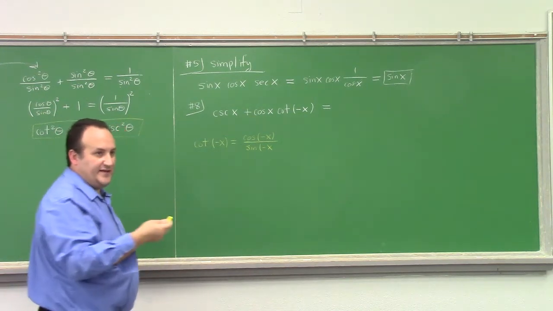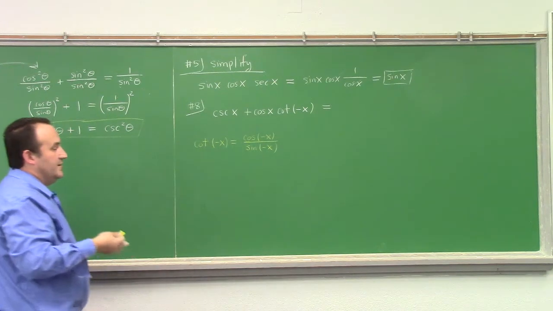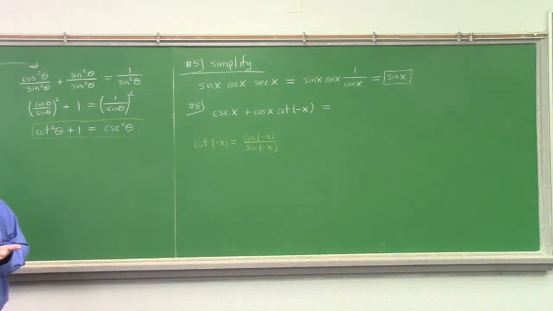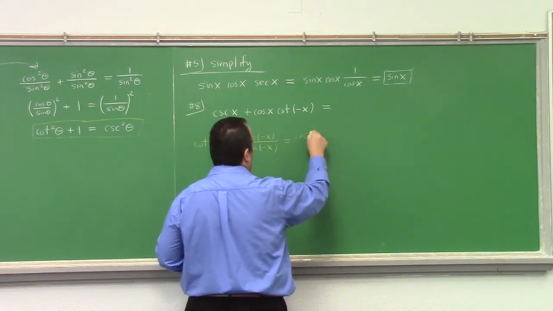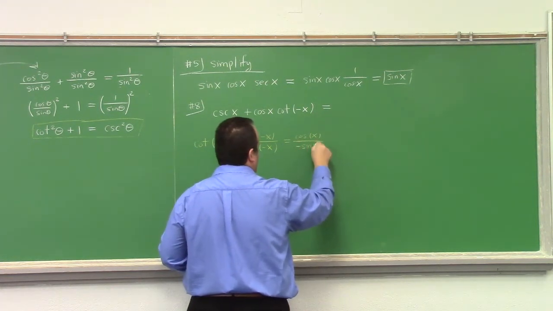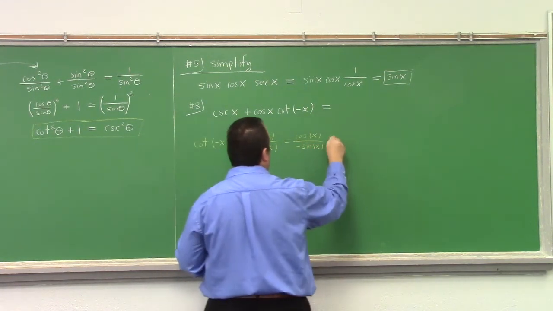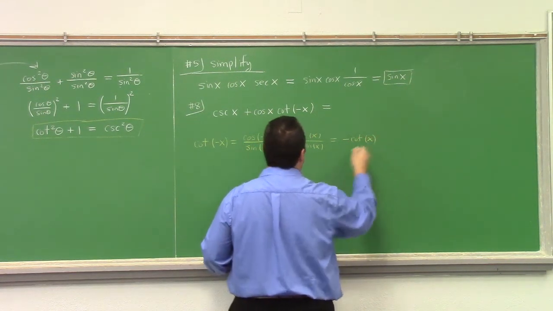You're right, it's 1 over tangent, that would also be fine. I just want to point out, cosine is even. Sine is odd, right? So cosine eats the minus, and the minus comes out of the sine. All of this to show you this is minus cotangent of x, all right?